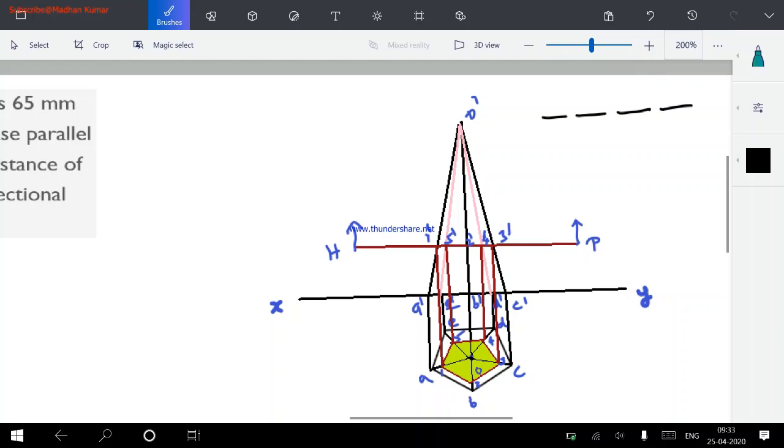You have to draw the cutting planes, and at this particular point we have the hidden lines. All the hidden lines will be used in dashed line. So you have to mention all the hidden lines in dashed line. Okay, we have to follow this convention, and then we have the sectional top view.